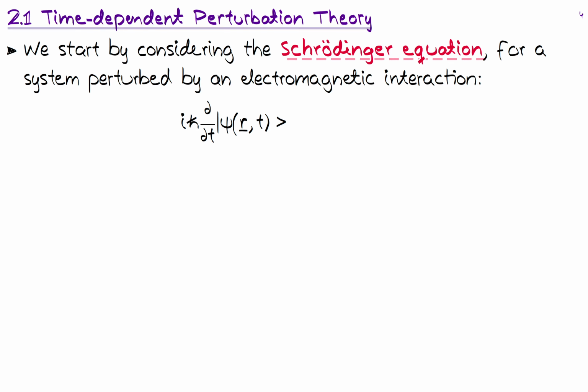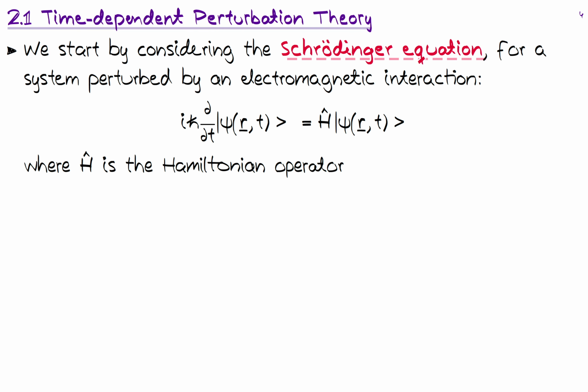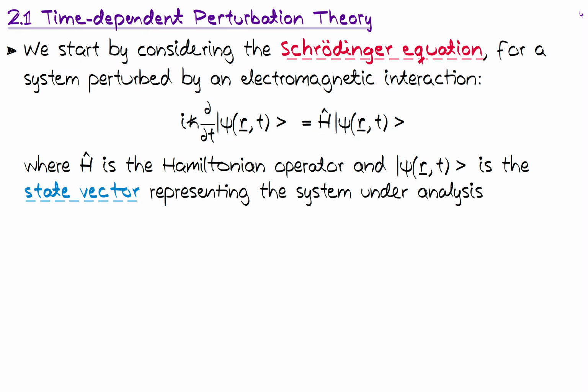On the left-hand side we have the imaginary unit times h bar times the ket of our electron wave function, and on the other side we have the total Hamiltonian acting on the state vector. Here H hat is the Hamiltonian operator, which tells us all about the dynamics of our system, and this ket of the wave function psi is a state vector that represents the system we are looking at. So basically how the electrons are moving back and forth in this two-level energy system.